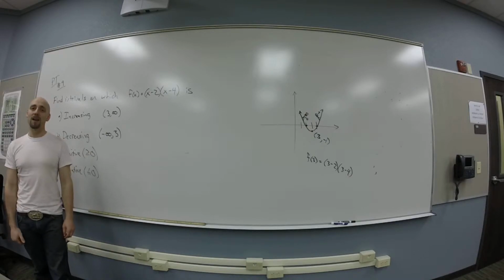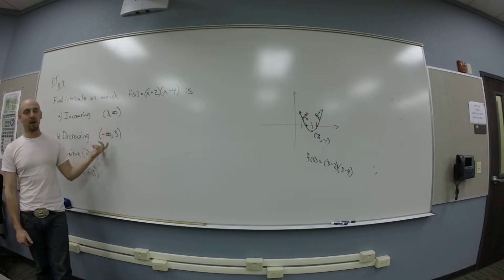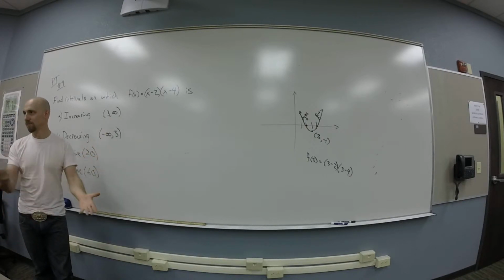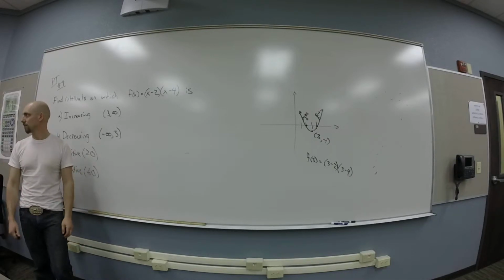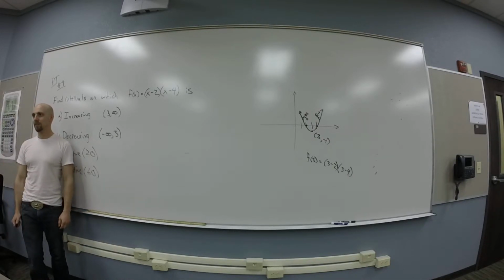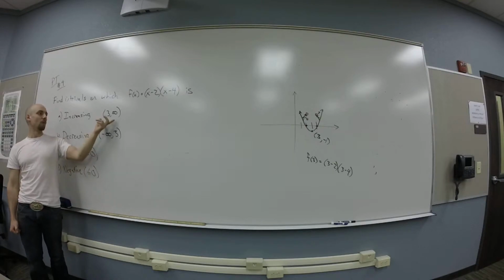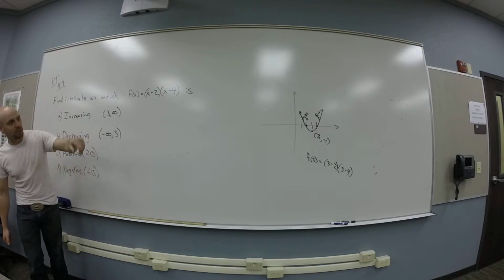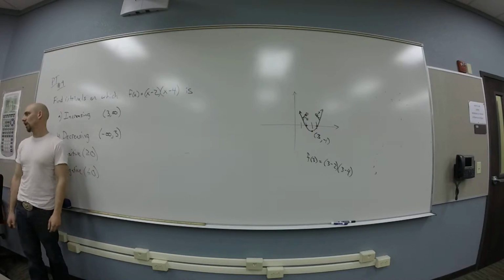So if it's not flat anywhere, then it's either going up or going down. Once you've figured out one of them, the other one should just be the rest of it. Here I've covered almost all of it. The only thing left out of these two is the point 3. Right, 3 is kind of no man's land, which makes sense, because it's not really going up or down at 3. You guys okay with that?